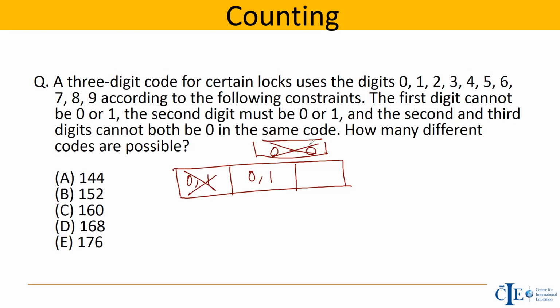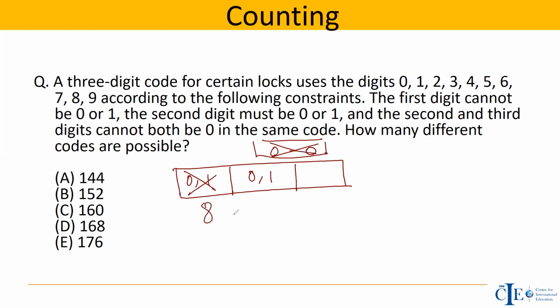So let me say first, forget about the third condition. You cannot have a 0 and 0 in both, right? Then how many outcomes or possibilities would you have? So I'll have 8 cases in the first one.